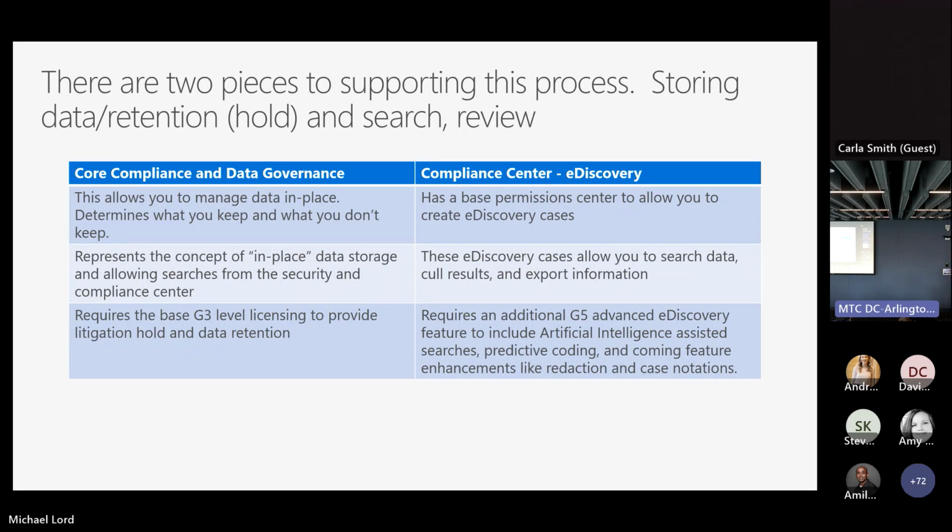I did want to call that out because there was a discussion in the previous session about Flank Speed, where they were talking about what they had at the G3 licensing level. Well, that's where you have archiving. You have the ability to apply data labels. You have the ability to do all this: keep this data, preserve this data. It's all by hand. And as a technologist, not as a Microsoft employee, I'm going to tell you right now, everybody needs G5.